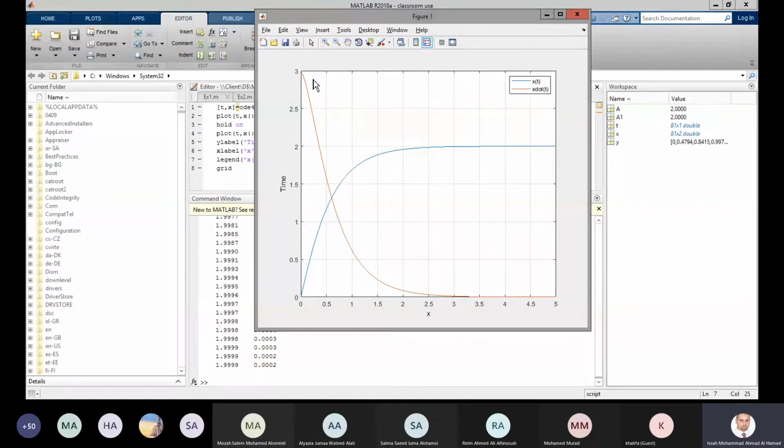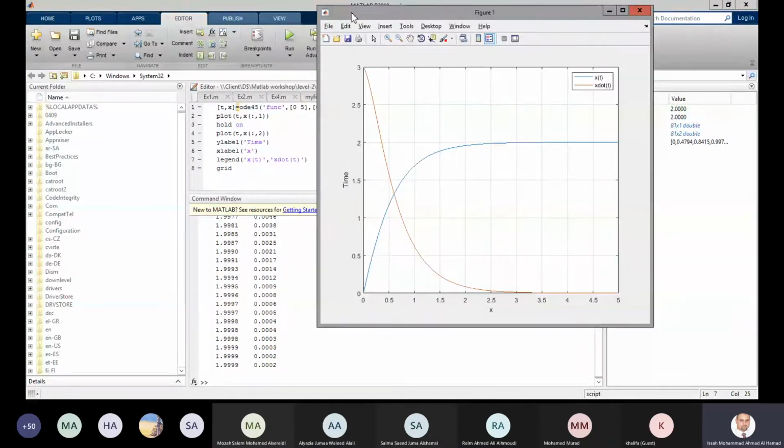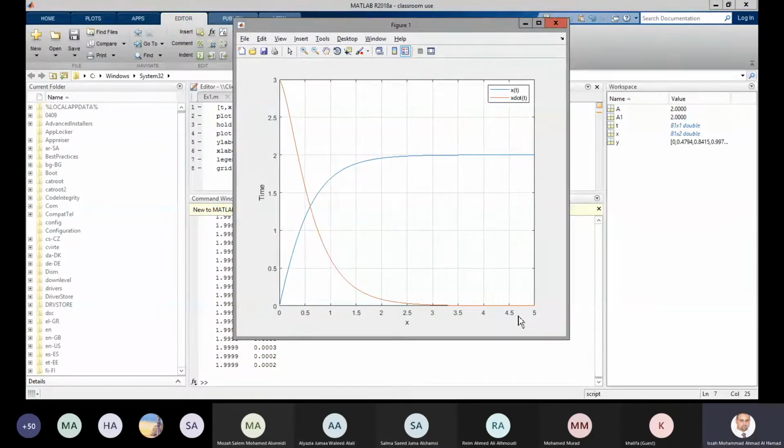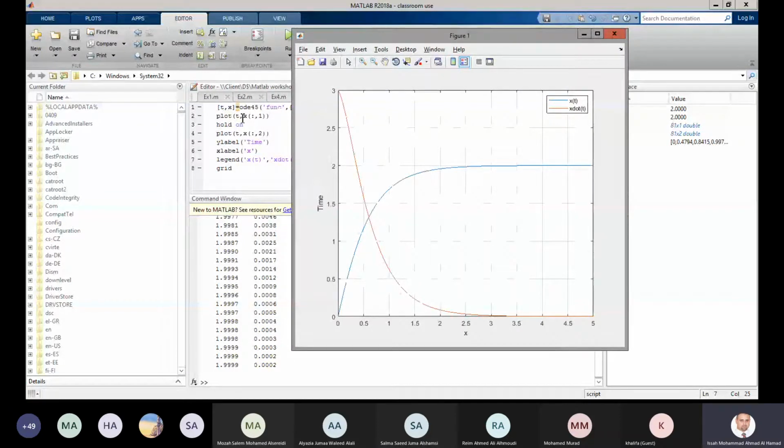So as you can see, ODE 45 solved the differential equation from 0 up to 5, because this is the range from 0 to 5 and from 0 to 3, which depends on the boundary conditions. Now plot t with x1.